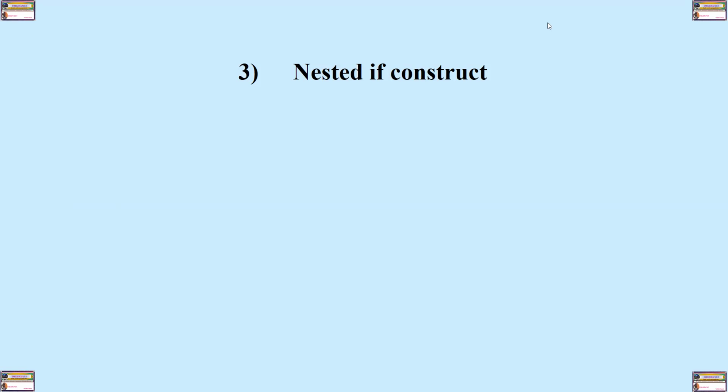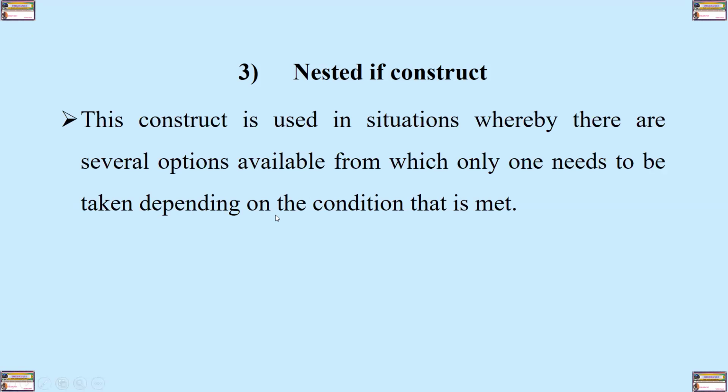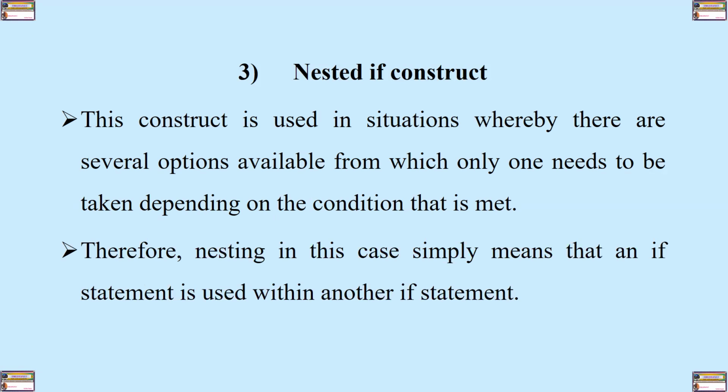What is a nested if construct? This construct is used in situations whereby there are several options available from which only one needs to be taken depending on the condition that is met. Therefore, nesting in this case simply means that an if statement is used within another if statement.